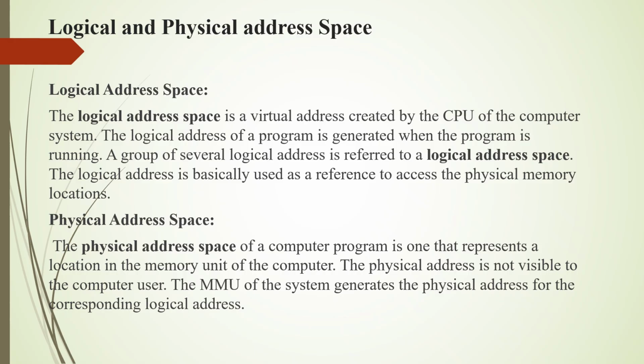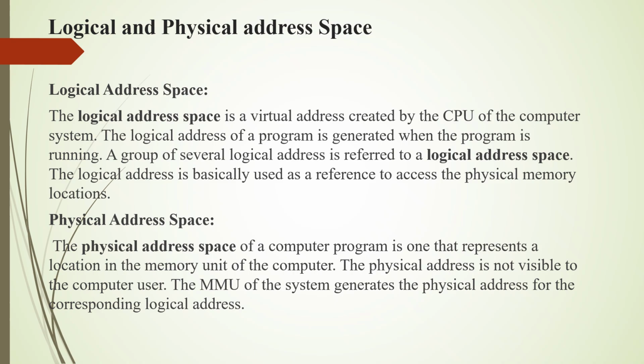Instead, they are virtual addresses used by the program. The collection of logical addresses generated by the process is called a logical address space. The logical address space acts as a reference to access memory, making it easier for programs to execute without worrying about the actual location of data in RAM.